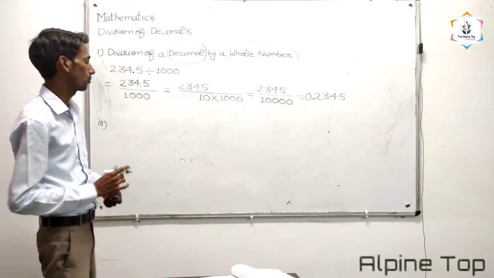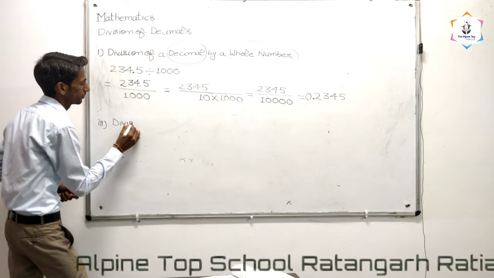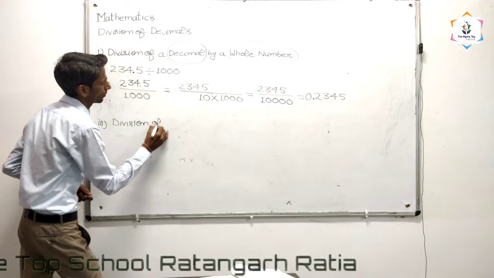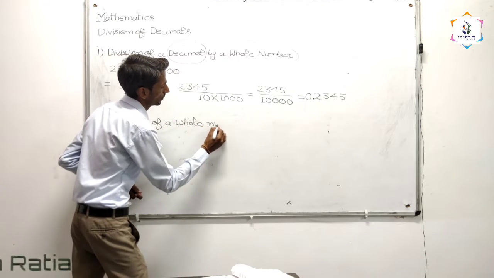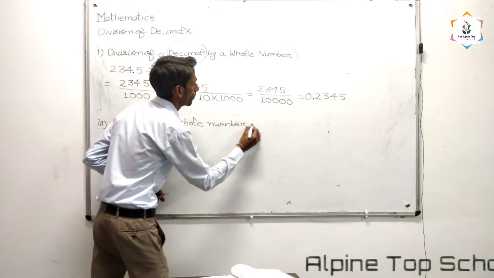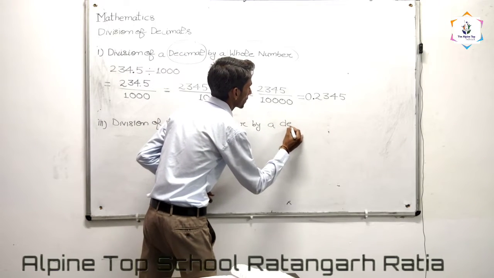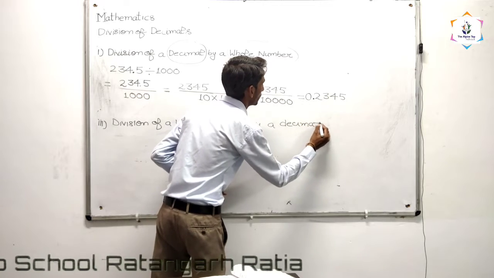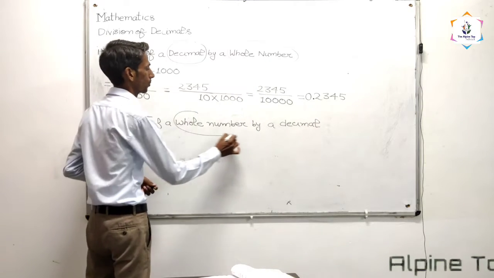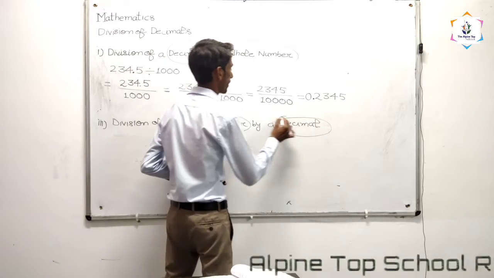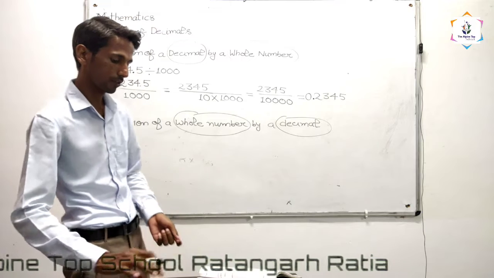How to divide a whole number, it means division of a whole number by a decimal number. Okay, what is the next concept? Division of a whole number by a decimal.